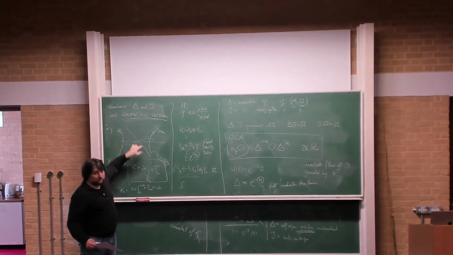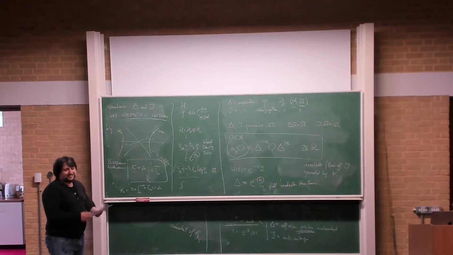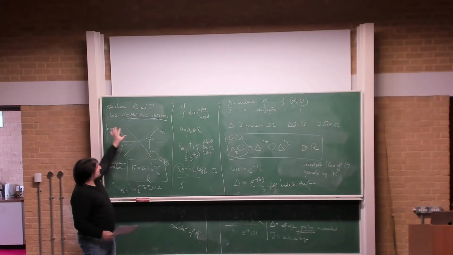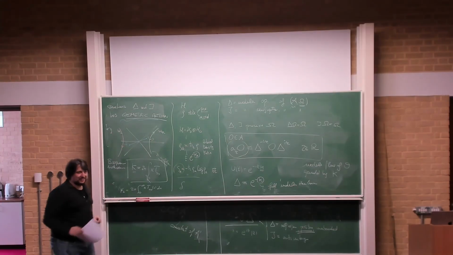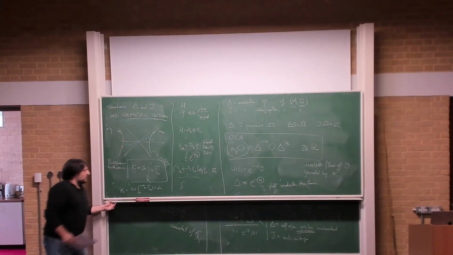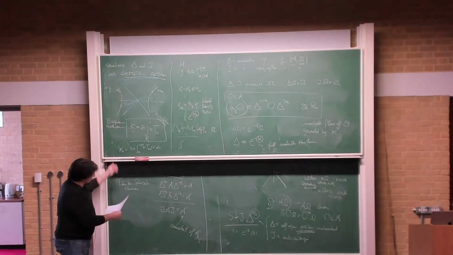Here, you mean? No, this is A. This is the commutant. So this is what you do. You stay there.